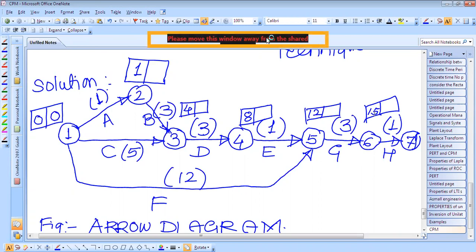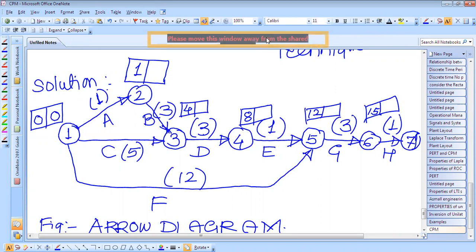Now we have to calculate the latest finish time. So we have already seen how to calculate the latest finish time. The latest finish time is calculated in a similar manner to what we have seen for the earliest start time, but here we have to proceed backward from the last event to the first event.